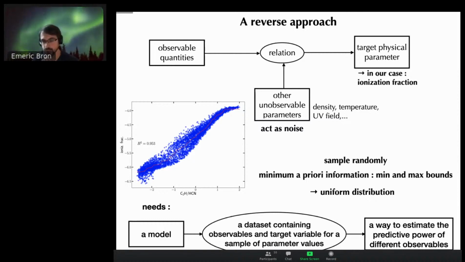I'm not sure I would expect a gain in doing this. Well, if you consider that the scatter is due to the action of the others. Yes, but what I mean is that if the observable quantities contain information that allows us to deduce, for instance, the density, then this information should already be used by our random forest model when predicting the ionization fraction.